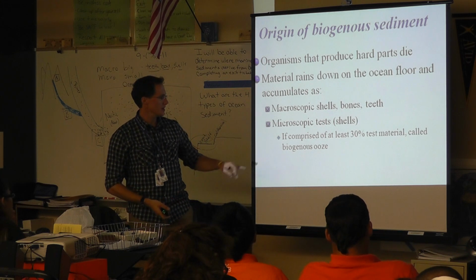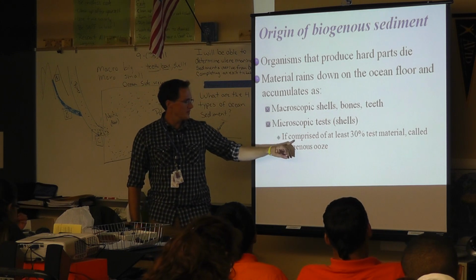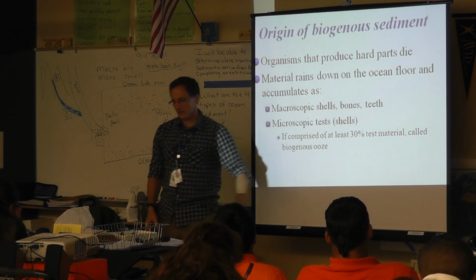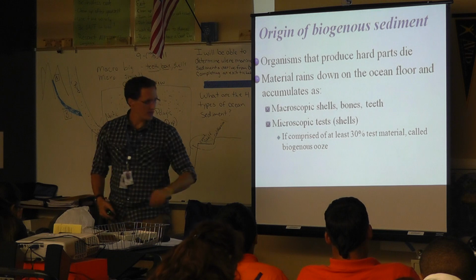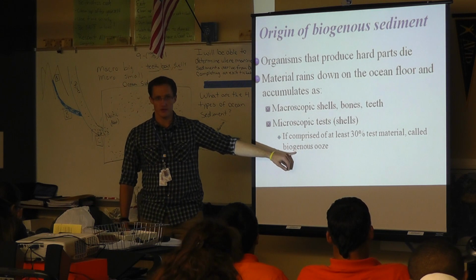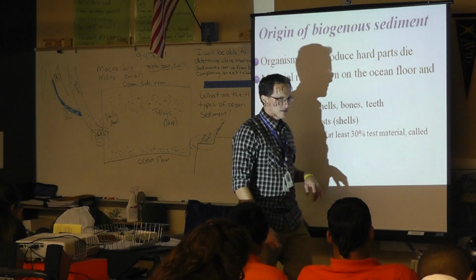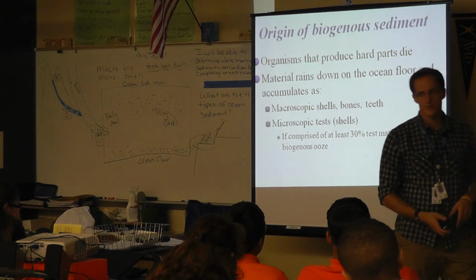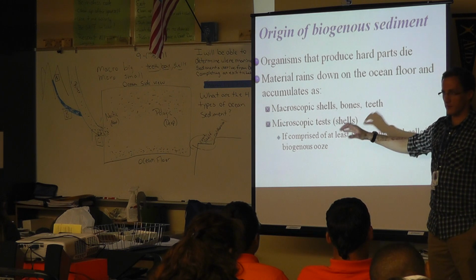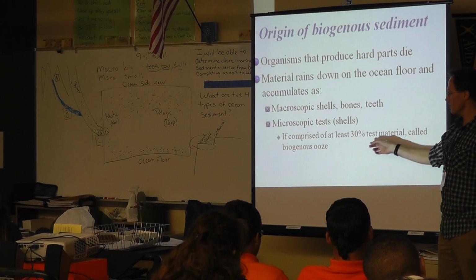That's why it's microscopic. So at least 30% of these microscopic shells that you can't see are composed of a material called biogenous ooze. Sounds cool, doesn't it? Biogenous ooze. So 30% of those shells for these microscopic organisms is made from biogenous ooze.